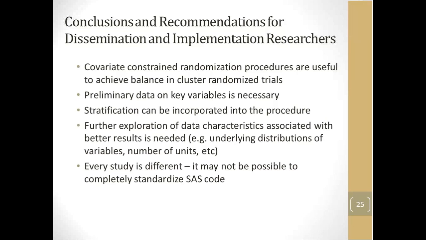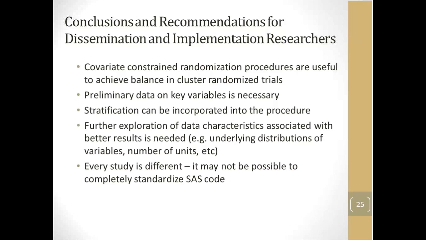Preliminary data on the key variables is absolutely necessary. And the other thing I want to mention is that selection of the key variables is really, really important. So you want to think up front, what are the features of your study groups that are most likely to affect implementation of your intervention, uptake, that sort of thing, and be sure to include those.